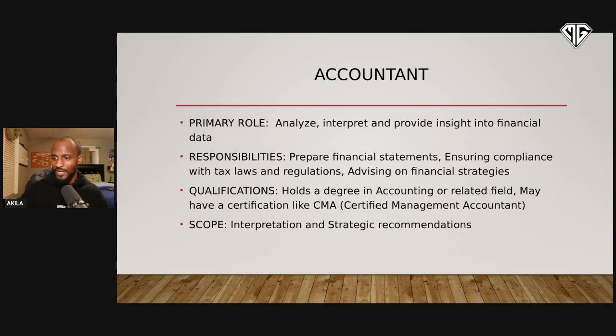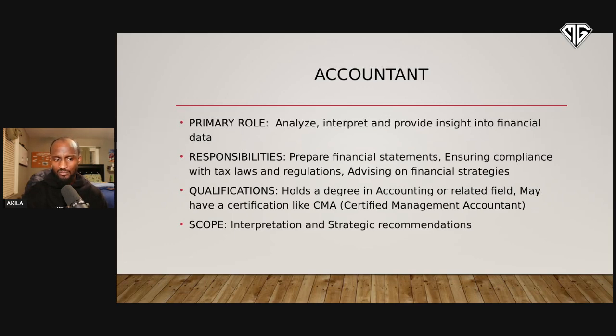Okay, so qualifications. Typically, accountants will need to hold a degree in accounting or in some related field. They may have a certification like a CMA, which is a certified management accountant. To my understanding, you can go for a certified management accountant, or you can go for the certified public accountant.